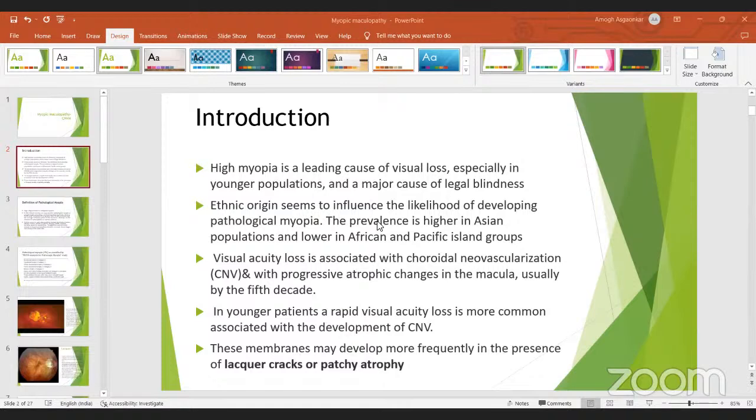The slide is not visible. Slide is not progressing. You can stop share and share the PowerPoint again. Don't share the screen, share the PowerPoint.